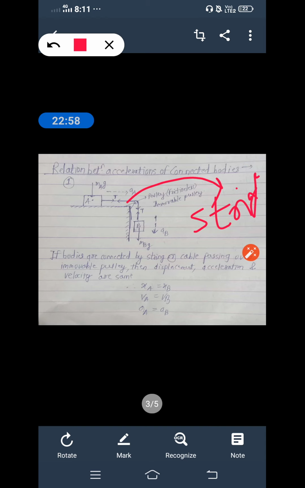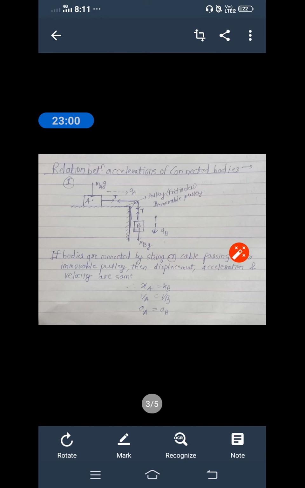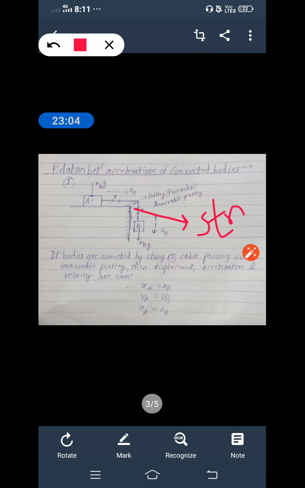Okay, one string is attached to the block. This is a string. One end of the string is attached to the block A and one end is attached to the block B. This is block B, block A. What is the mass of block B? mb.